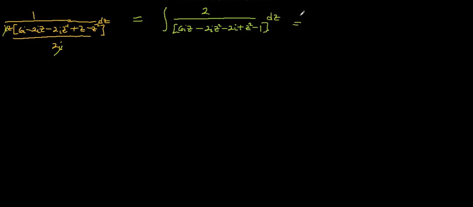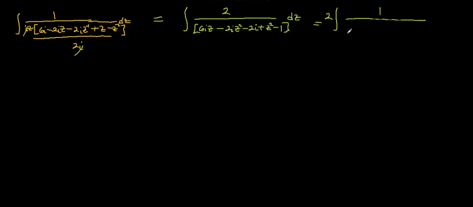So this is going to be equal to, we can always bring these two outside and we'll still be left with 1 divided by, so at this point we can collect some like terms. We have z squared minus 2iz squared here, then we have plus 6iz, and we have minus 2i minus 1 dz.